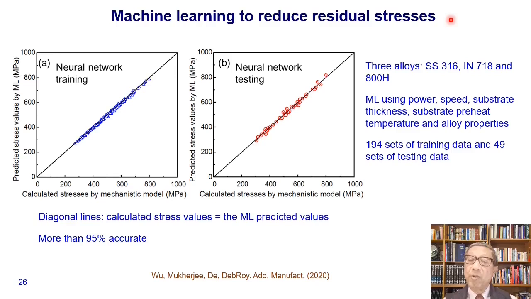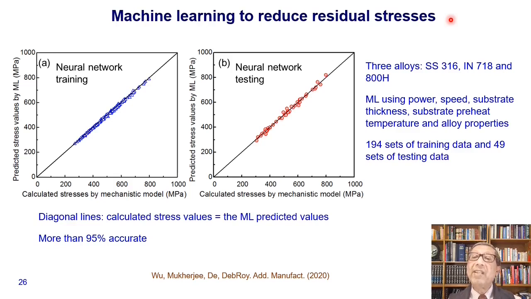So what we are doing here is that we are taking all the raw variables and developing a neural network that has the data for 3 alloys: stainless steel 316, Inconel 718, and 800H. So it uses input variables such as power, speed, substrate thickness, substrate preheat temperature, and a wide variety of alloy properties.